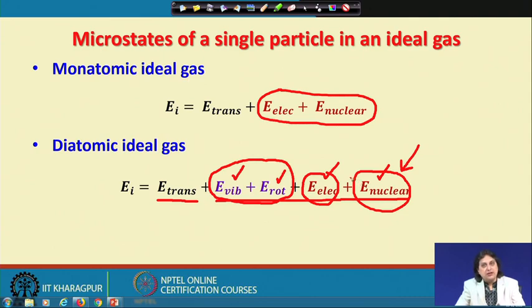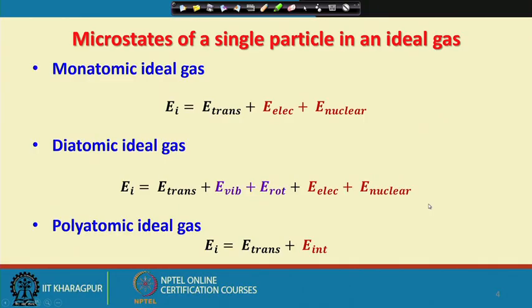Actually, this is a part of a very general description, and this description is valid for any polyatomic molecule. If I have an ideal gas comprised of any polyatomic molecule like carbon dioxide or water vapor, H2O vapor, in that case I have more than two atoms forming the molecules of the gas.